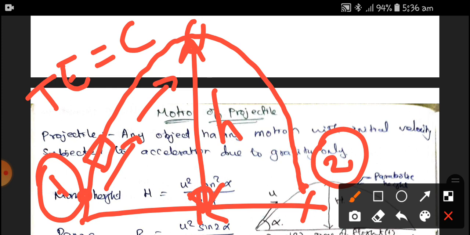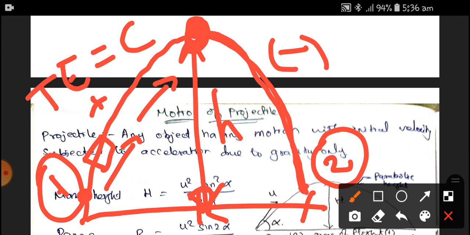At the top, the kinetic energy becomes zero and the potential energy becomes maximum. This is the positive motion and this is the negative motion, towards the ground, so again it has more kinetic energy and less potential energy. Once it reaches the ground, the velocity at point 2 becomes 0. So this is our understanding about the projectile motion.